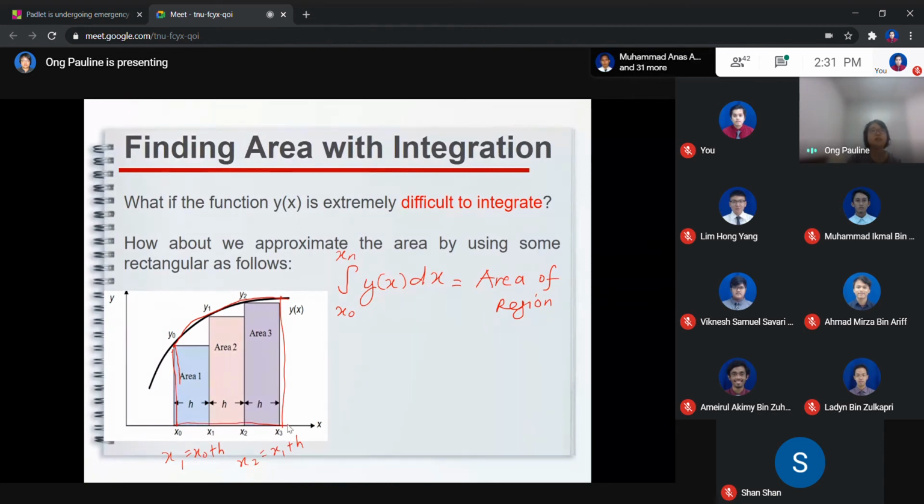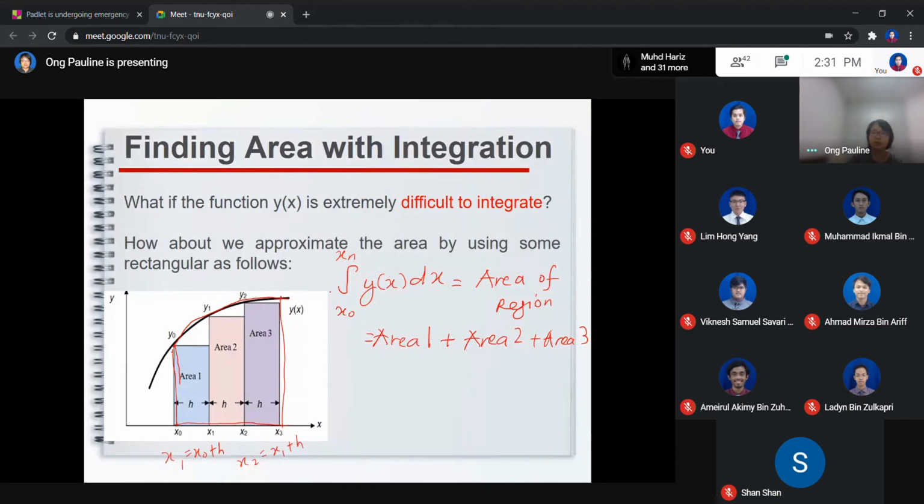So now we want to find the area of the region. The first approximation that we are using here is by using 3 rectangles, right? I can get this approximation by summing the area 1, area 2, and also area 3.